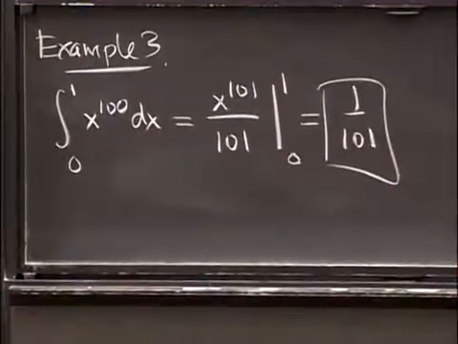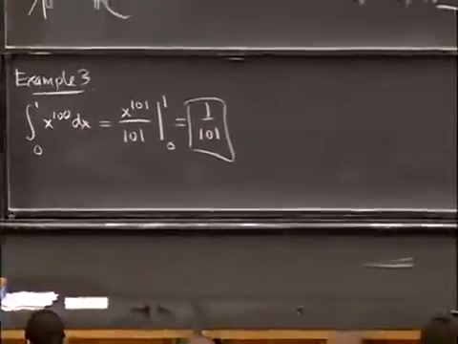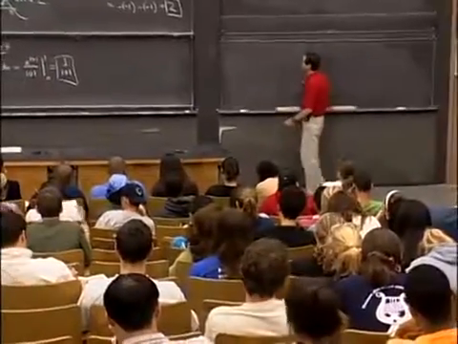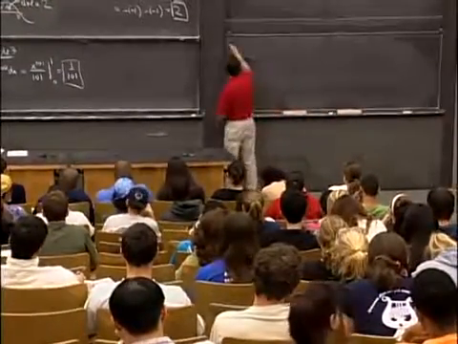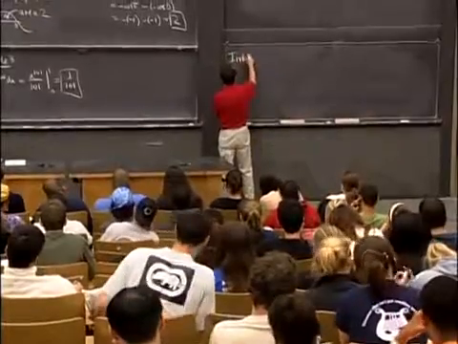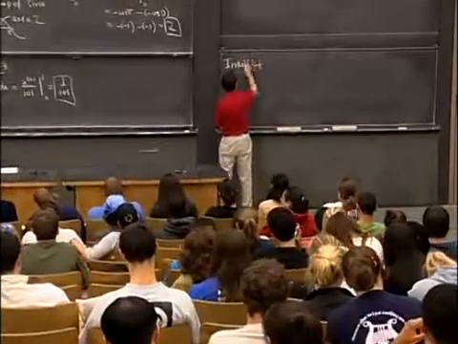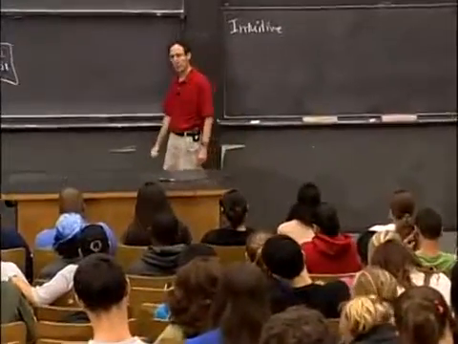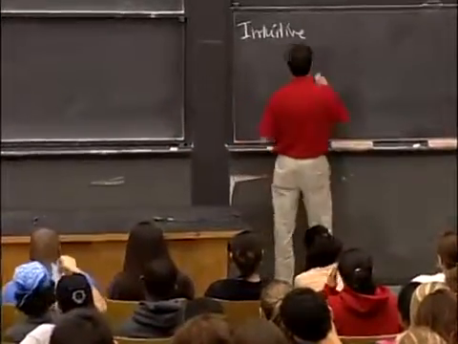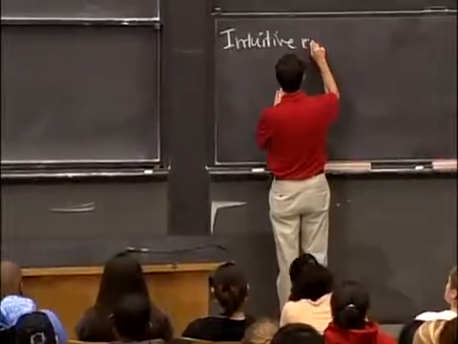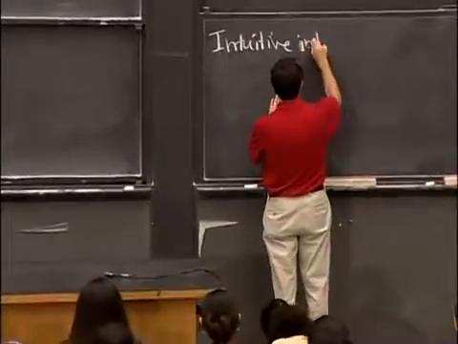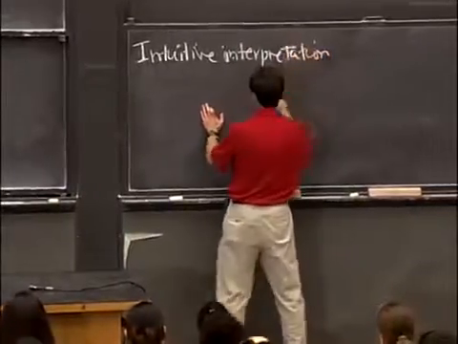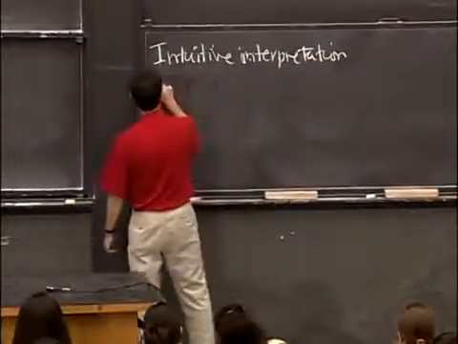Now, I want to give you an intuitive interpretation. So let's try that. We'll talk about a proof of the fundamental theorem a little bit later. It's not actually that hard, but we'll give an intuitive reason, interpretation, if you like, of the fundamental theorem.